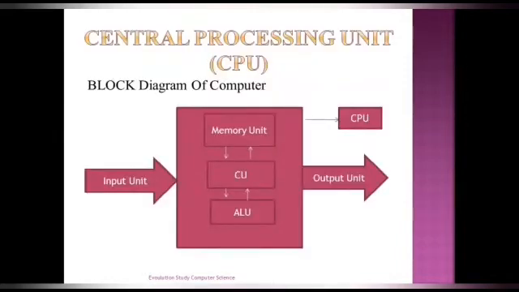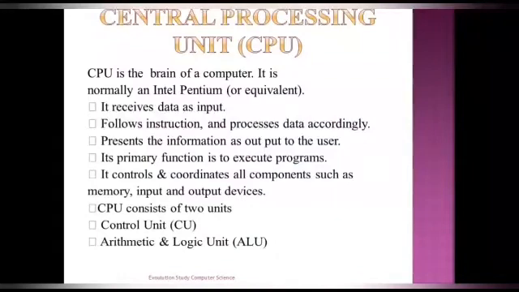Now comes the central processing unit. Here is a block diagram of the computer. Central Processing Unit, or the CPU. CPU is the brain of a computer. It is normally an Intel Pentium or equivalent. It receives the data as input, follows the instructions and processes the data accordingly, and presents the information as output to the user.